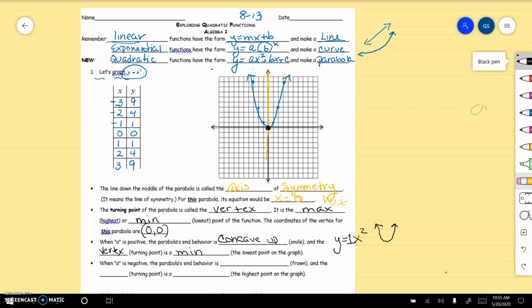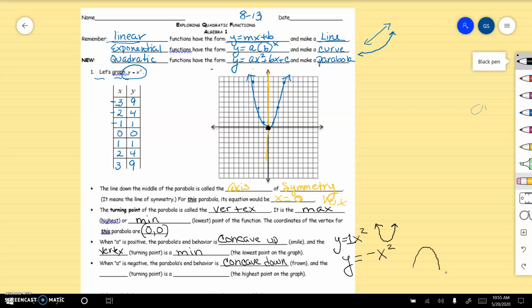Okay, now when A is negative, so if my equation had read y equals negative x squared, that would tell us that the end behavior is concave down. It just means the arrows are going down, like a frown.